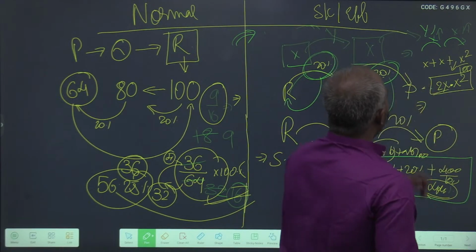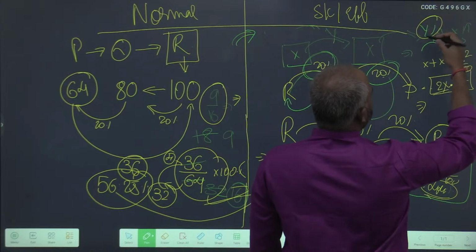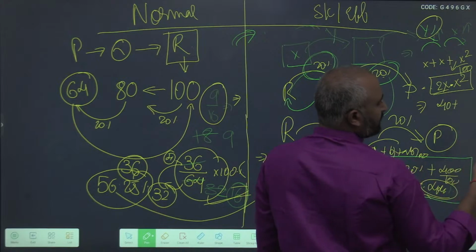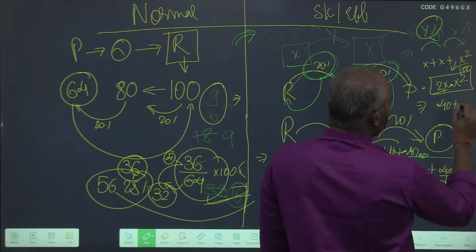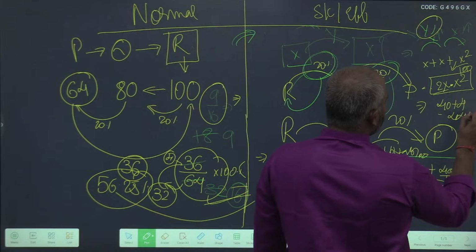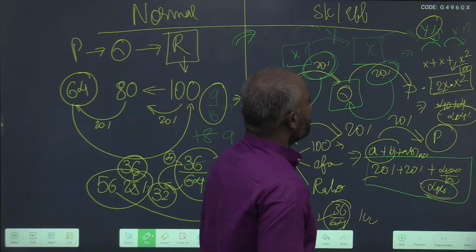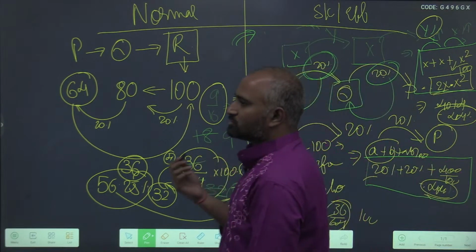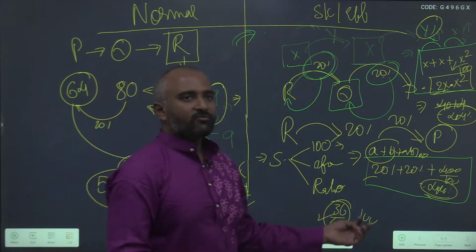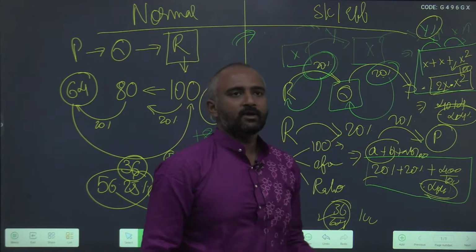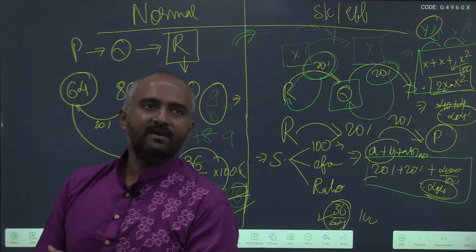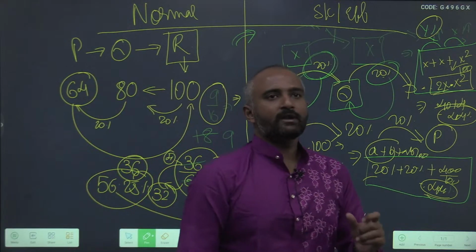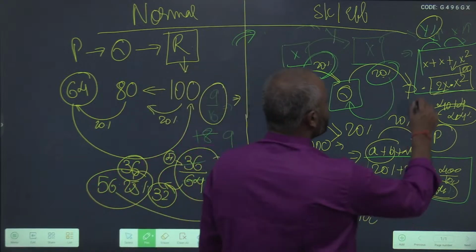Here x is 20, so 2x is 40 plus x square is 400 by 100, which is 4, so it is 44%. For those who want to shave off 1 or 2 seconds, you can directly remember this: if the same percentage X is applied twice, the equivalent percentage is 2x dot x square.